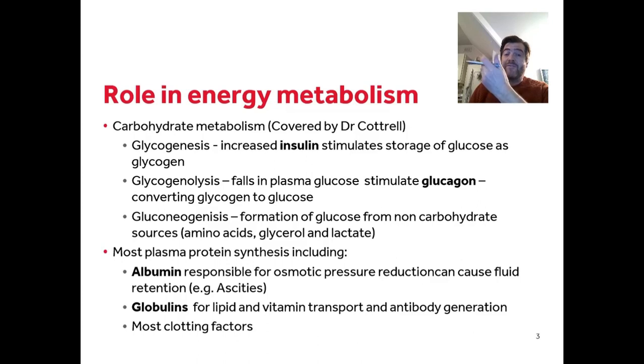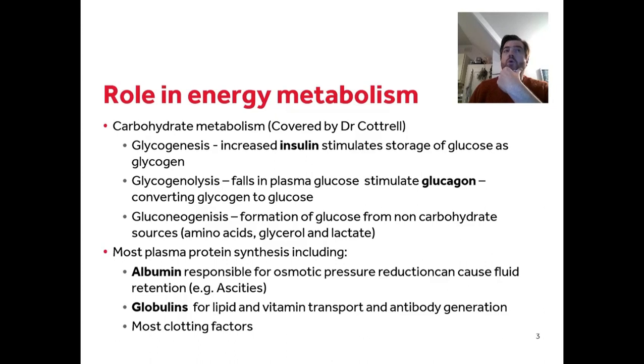Glycogenolysis, where we have falls in plasma glucose, stimulates glucagon to convert glycogen to glucose. And also in some extreme cases, you can have gluconeogenesis, which is the formation of glucose from non-carbohydrate sources, such as amino acids, glycerol, and lactate. And it's in the liver that you get the formation and breakdown of glycogen and gluconeogenesis as well.